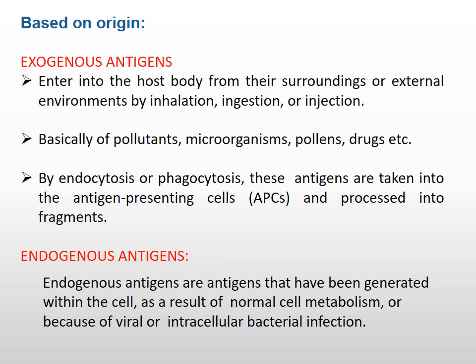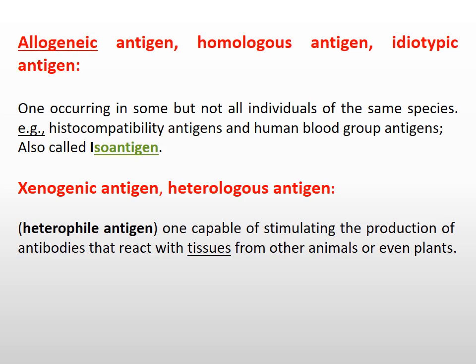So endogenous antigens generate within our body through normal metabolism or viral or bacterial infection, and exogenous antigens are introduced or enter into our body through phagocytosis or endocytosis, then are presented to the APC and processed and produce the immunological reaction.